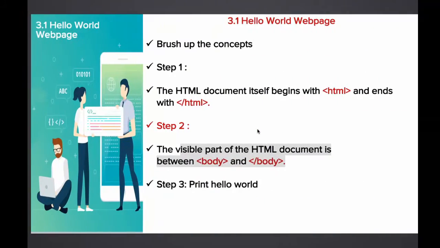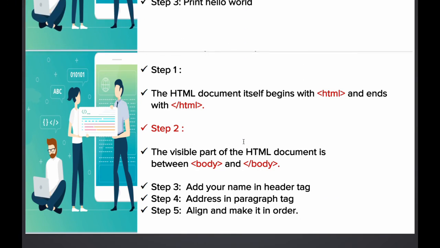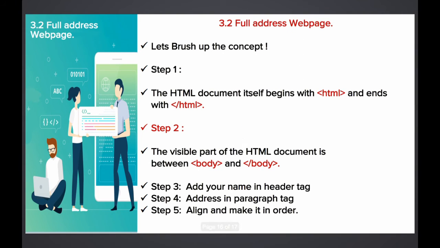Now let us move to our second task, the HTML document itself. So let's brush up the concepts. The HTML document begins with the open HTML tag and ends with the close HTML tag. The visible part of the HTML document is between the body and the closing body.